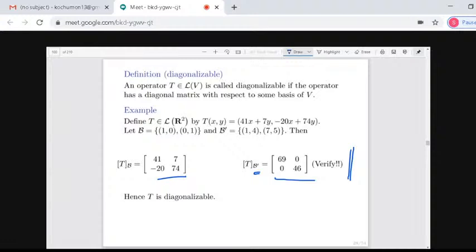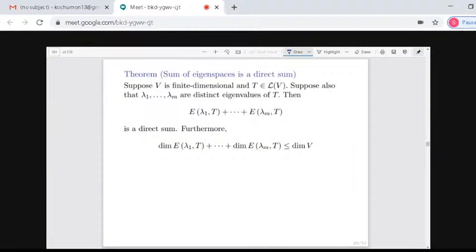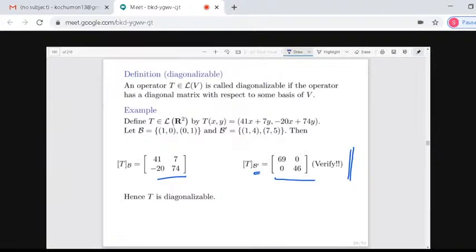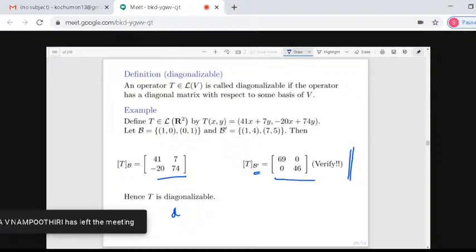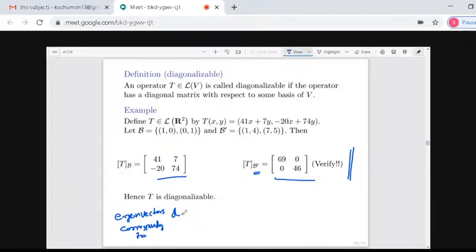An important concept: in lecture 2 you had seen that eigenvectors corresponding to distinct eigenvalues are linearly independent.